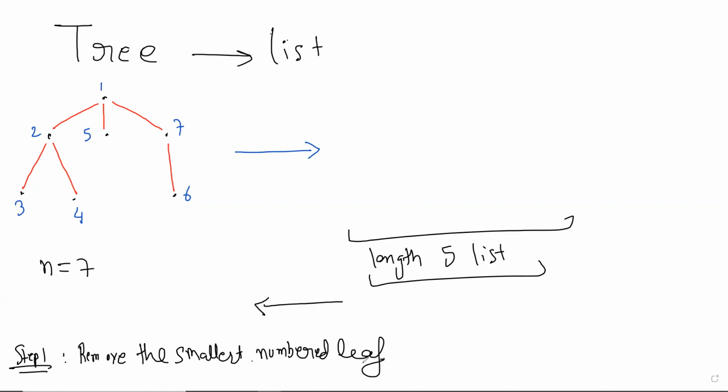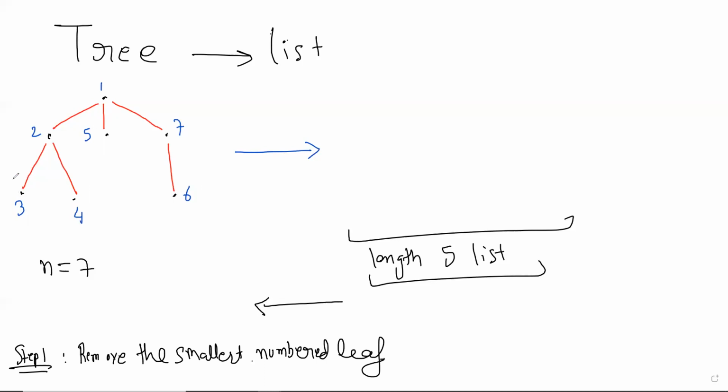So what's the smallest numbered leaf in our tree? 3 is the smallest numbered leaf. The leaves are 3, 4, 5, and 6. 5 is also a leaf, degree 1, it doesn't have any child. But the smallest one is 3.